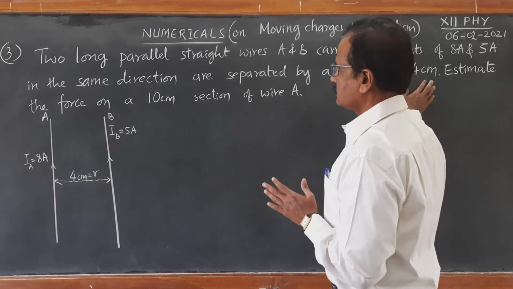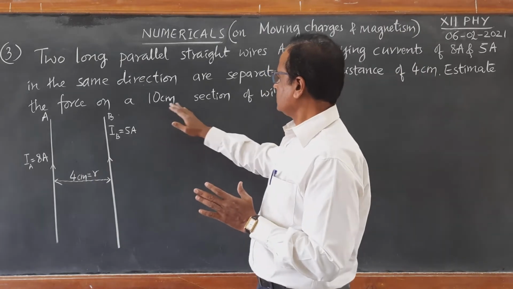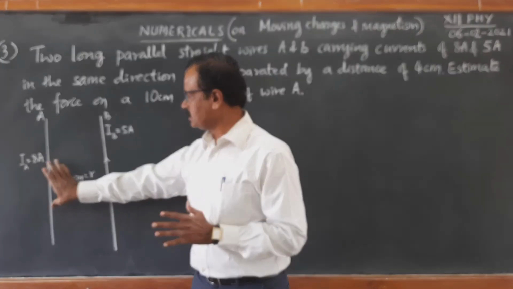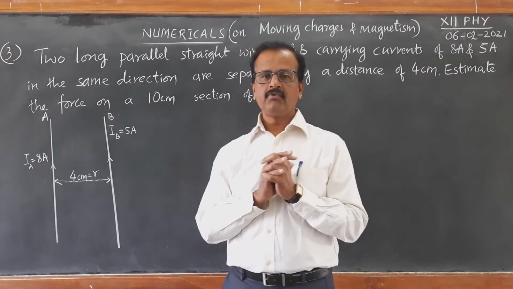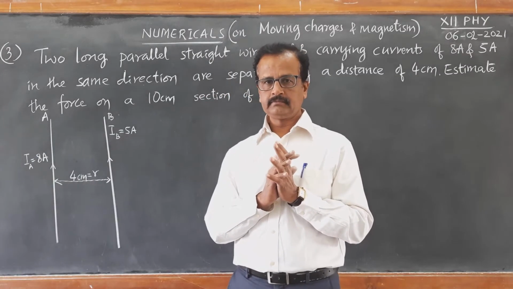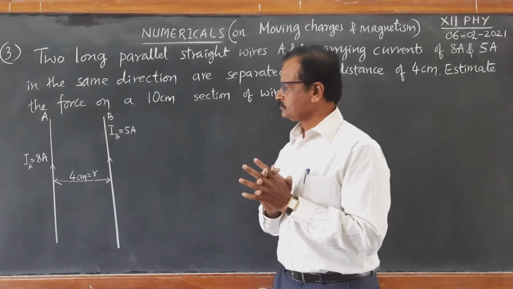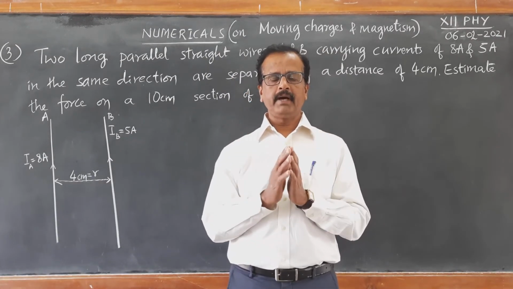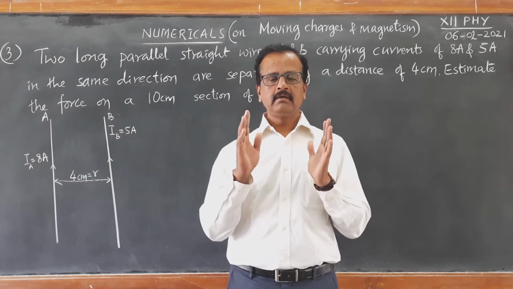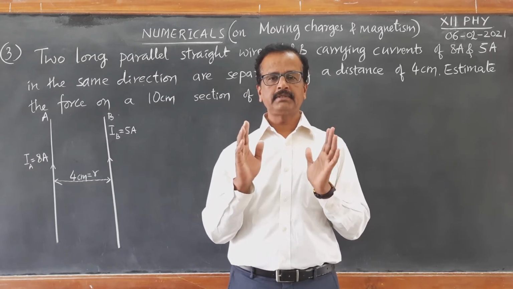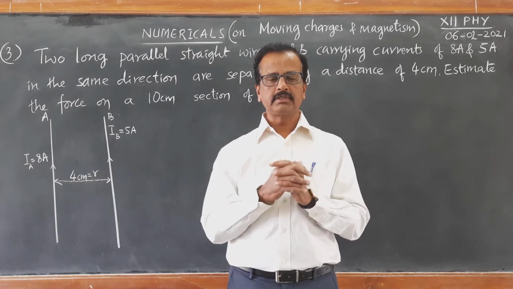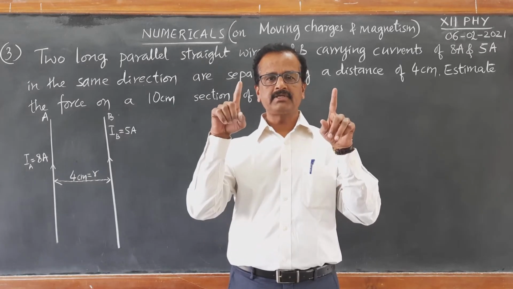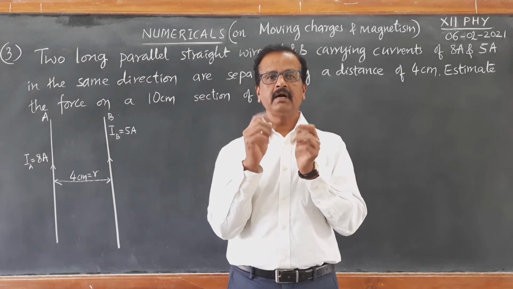What is the force on a 10 centimeter section of wire A? Now we have learnt that whenever two parallel conductors carrying current are kept parallel to each other, they exert force. If the currents are in the same direction, there will be a force of attraction.